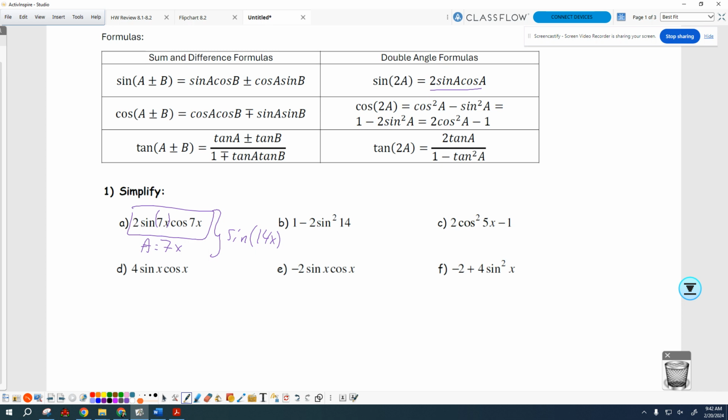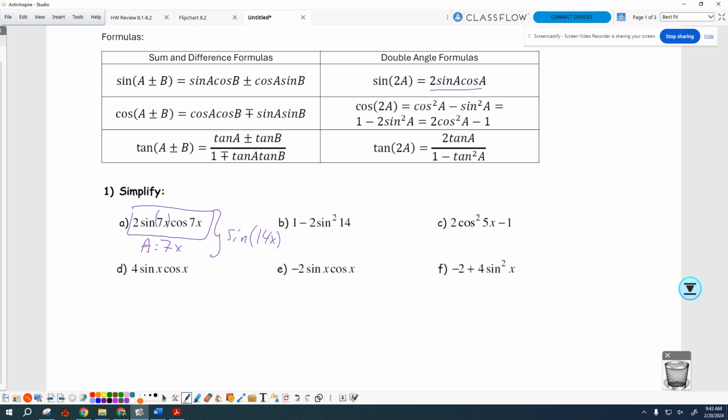I said 1 minus 2 sine. You know how 1 is sine? And I just subtracted 2 sine. Then look at the 1 minus 2 sine. You did 1 minus 2, that's basically A in the formula.